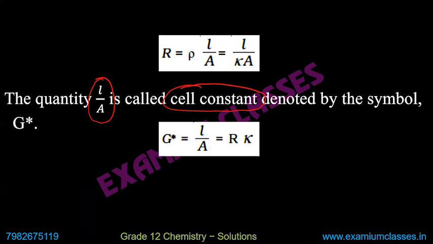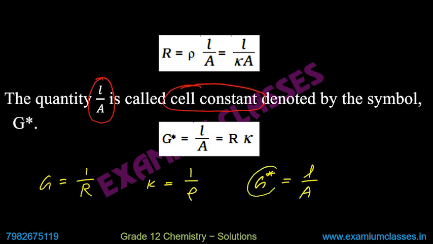Till now, the important points are that 1 by R is conductance, 1 by rho is conductivity, rho is resistivity, kappa is conductivity, and G star, which is L by A, is known as the cell constant. It is a very important parameter because something will change, but the cell constant will remain the same. We will talk about it during the numericals.